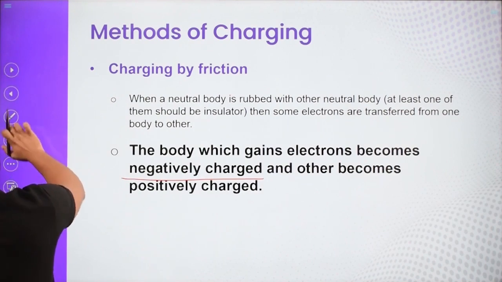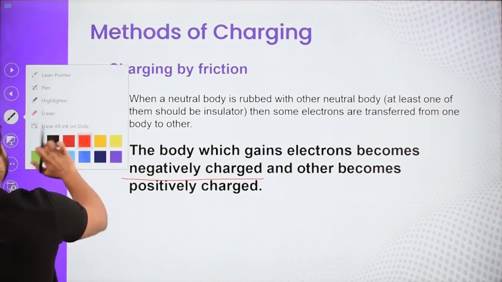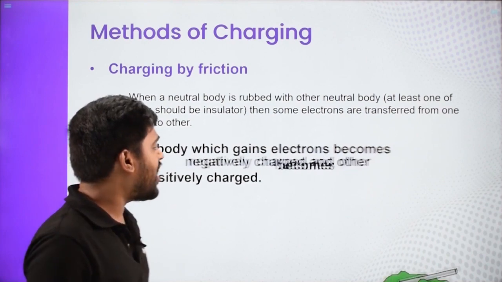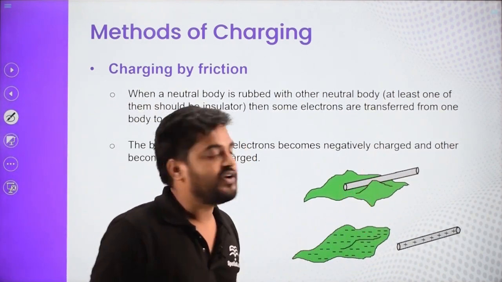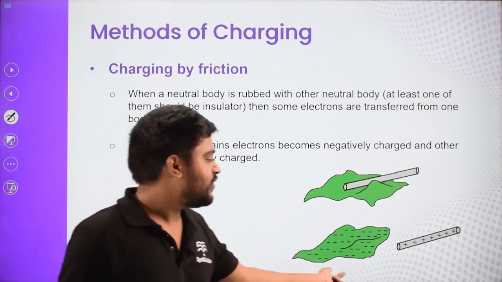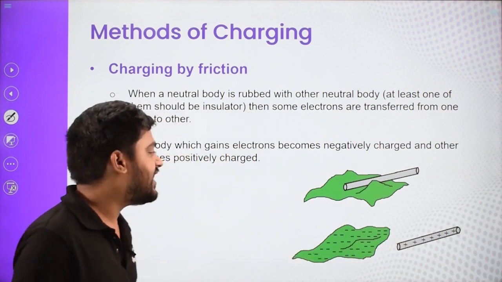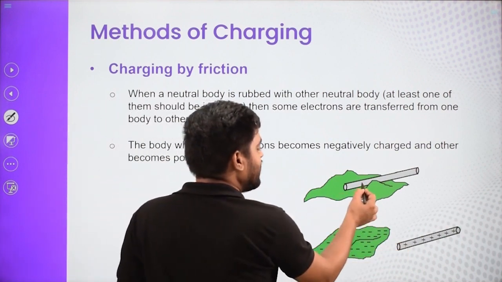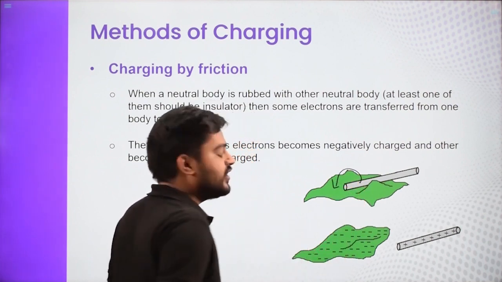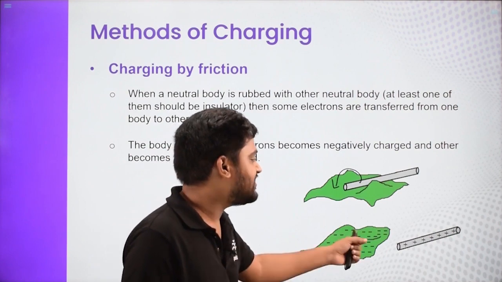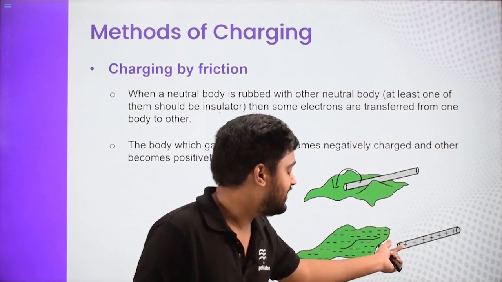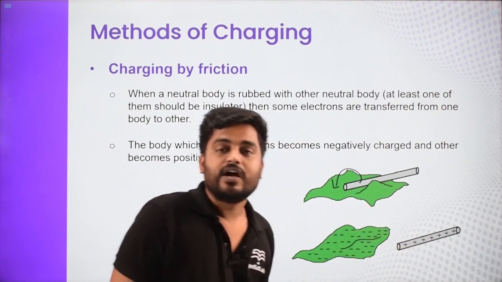Now this is a case where we are rubbing two insulating objects, one is the cloth and another is a glass rod. Here, as you can see, some of the electrons are moving from the rod to the cloth. So the cloth will have an excess of charge and become negatively charged, and some electrons are leaving the rod, so the rod is becoming positively charged.